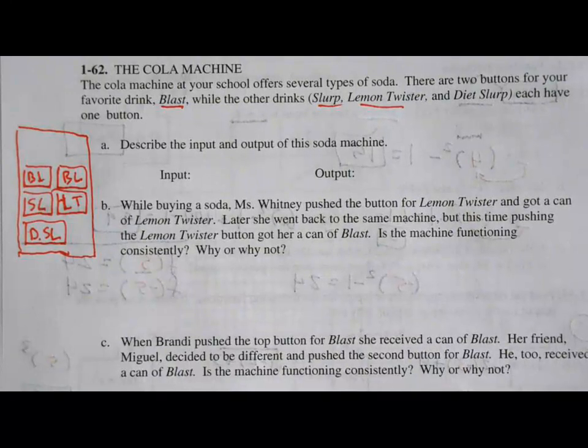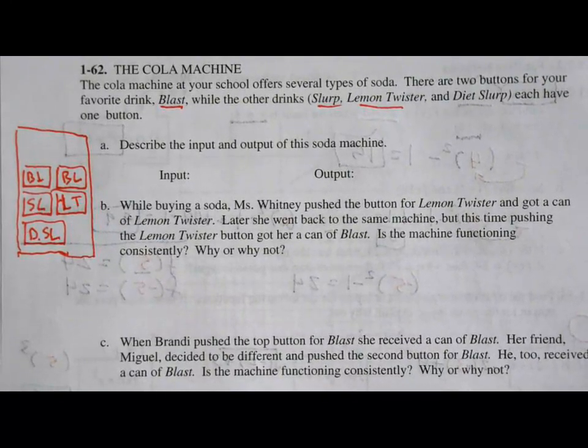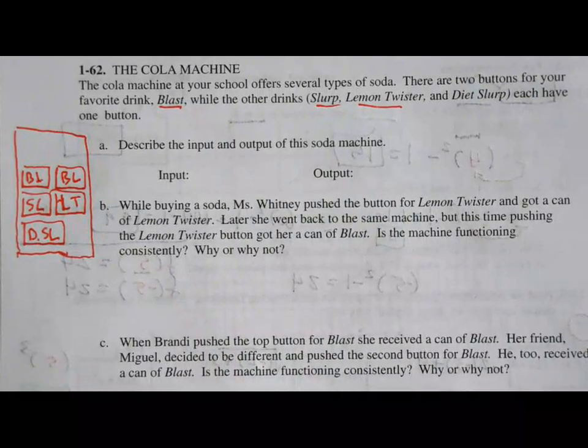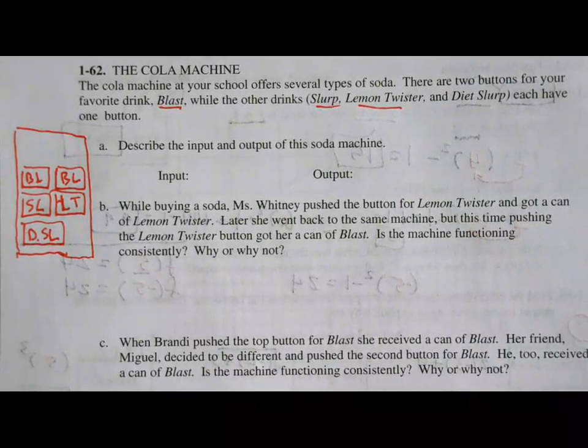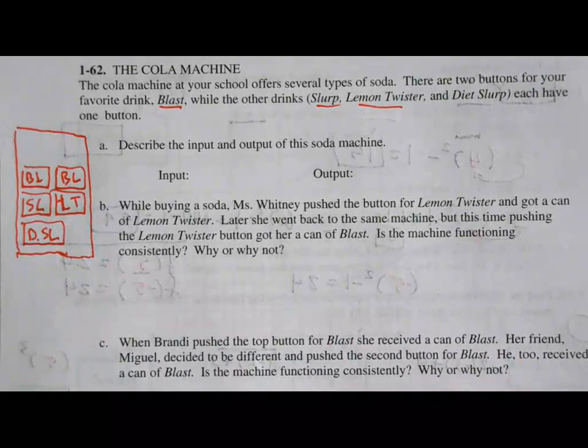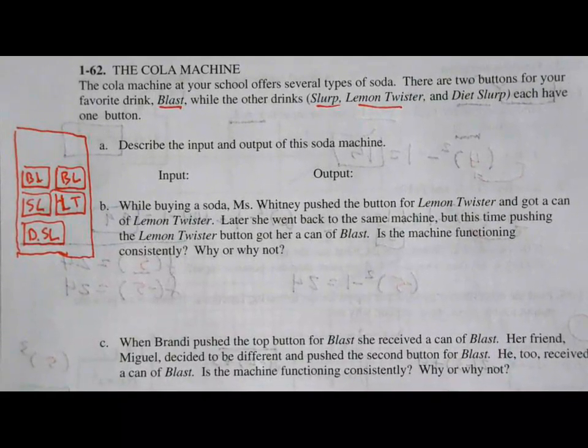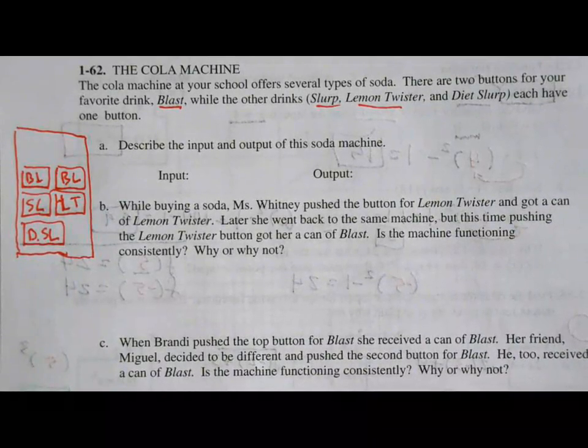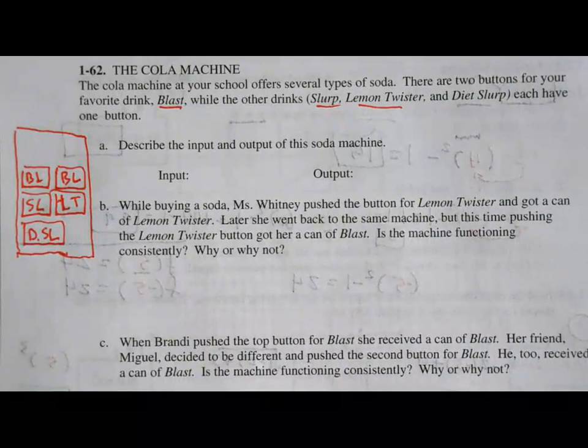What the heck does this have to do with algebra 1, right? We're going to get there. Okay. So part A says, describe the input and output of this soda machine. So what are you doing for your input to the soda machine? When you go up to a soda machine, what do you do to the machine?